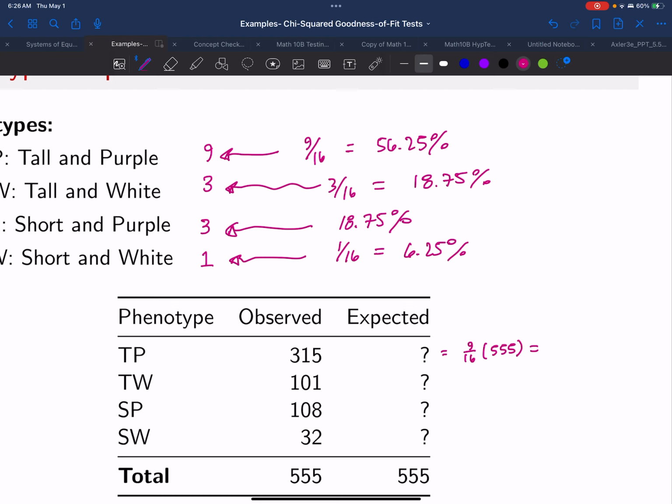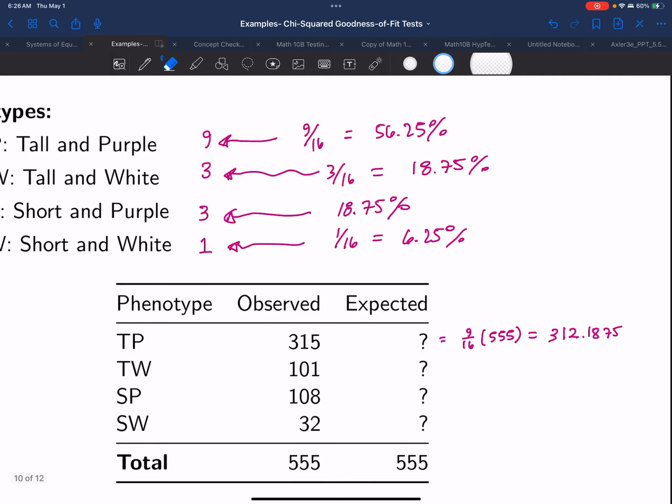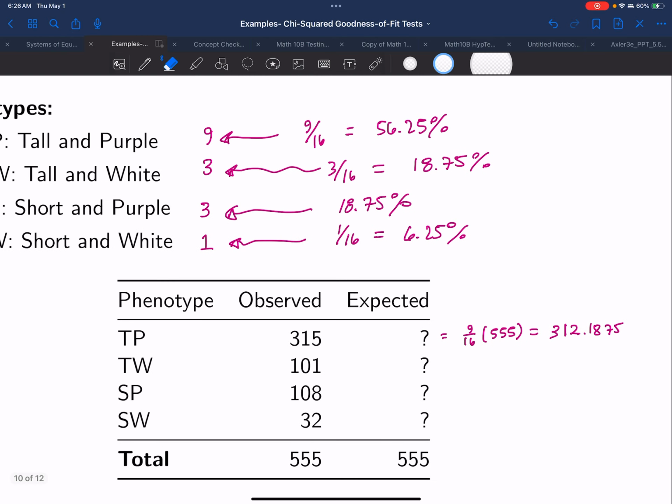Well, that's not a true number, you can't have that. So I need to round this up to 313 because I'm expecting a little bit more than 312 of these. So I'll round it up to 313.